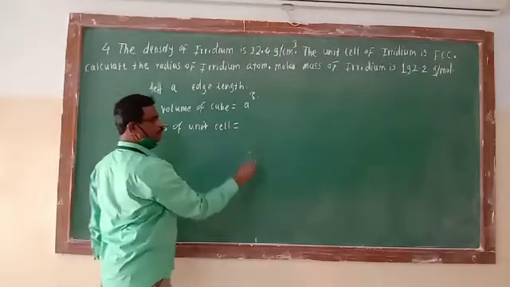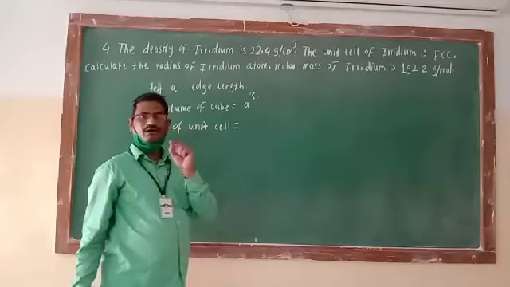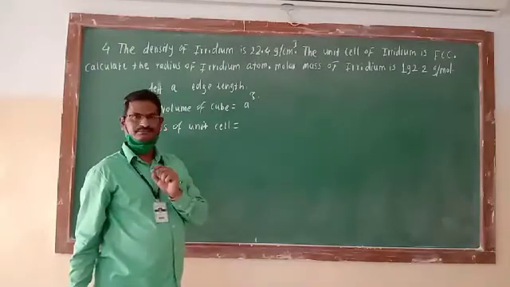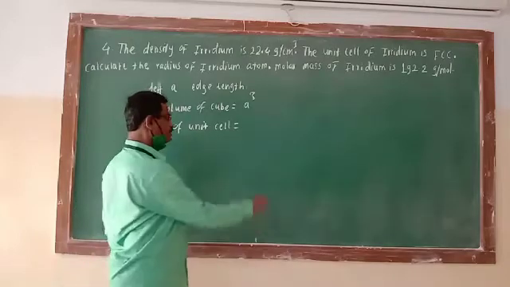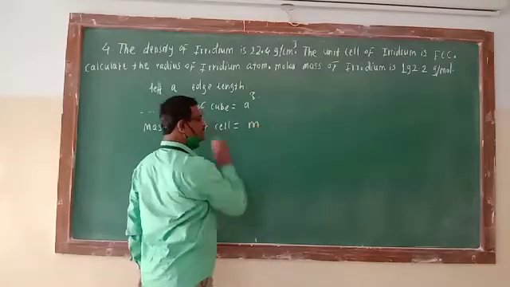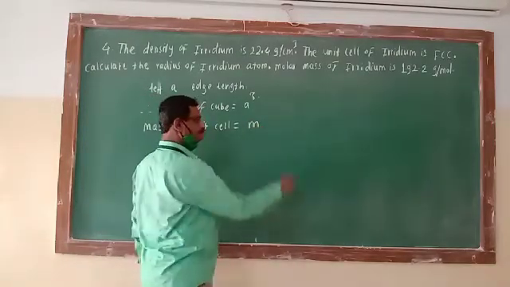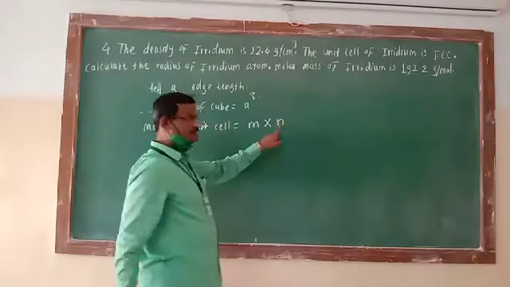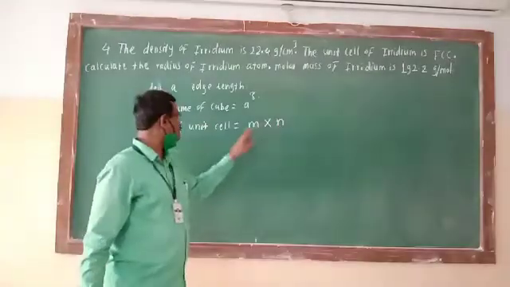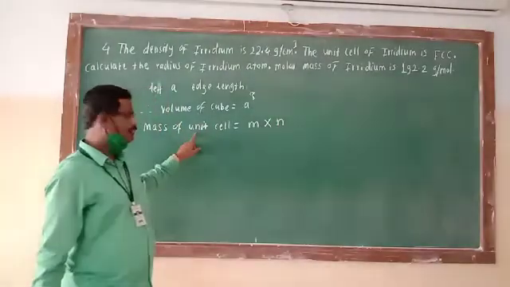Mass of unit cell will be equal to mass of one particle multiplied by the number of particles. So let m is the mass of one particle, multiplied by n, the number of particles present in that unit cell.